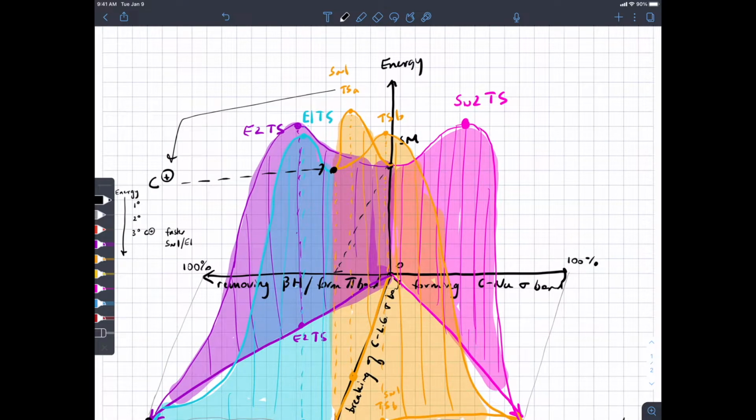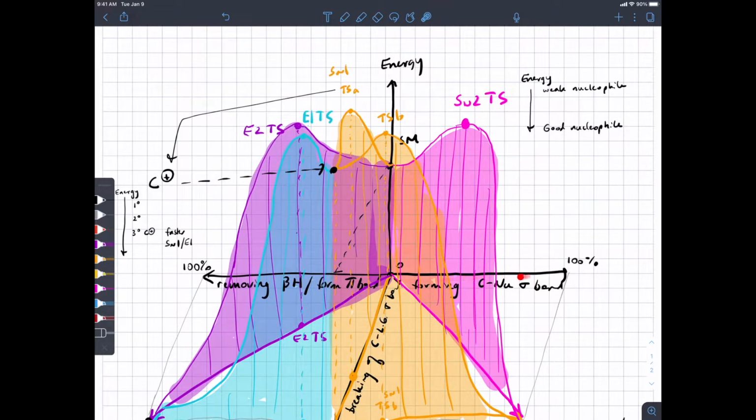Okay. So let's start with the SN2 transition state. We're going to see that the SN2 transition state goes down in energy, relative to starting materials, if we have a good nucleophile. And maybe up at the top we'll put a weak nucleophile. I guess that makes sense.